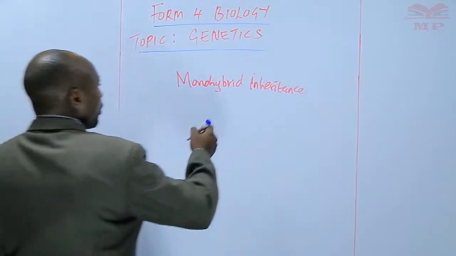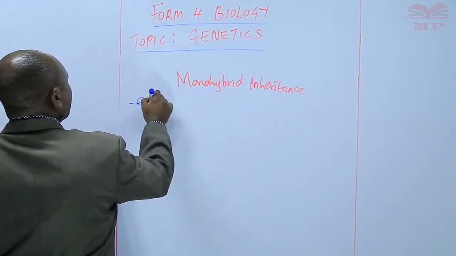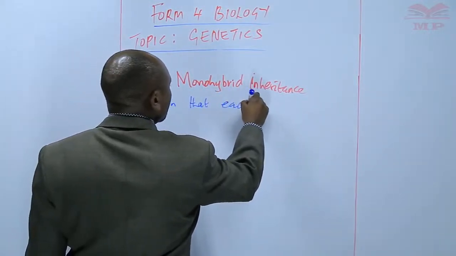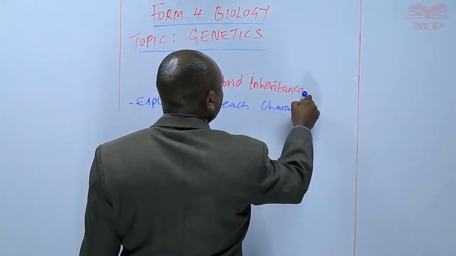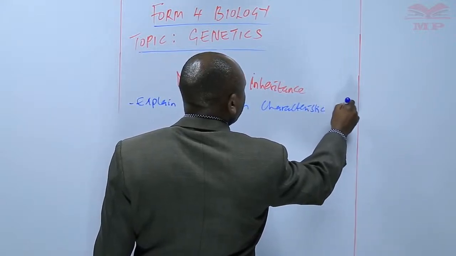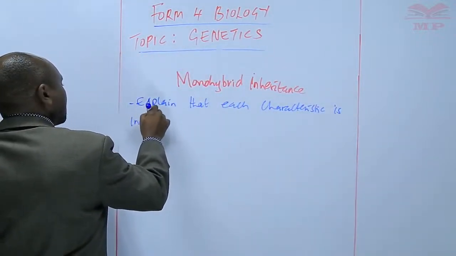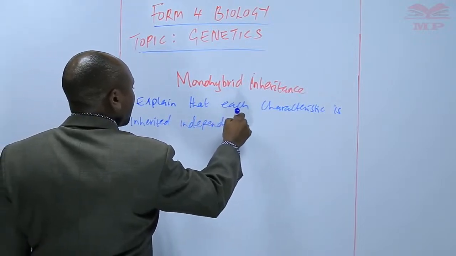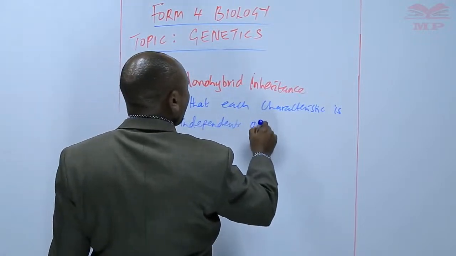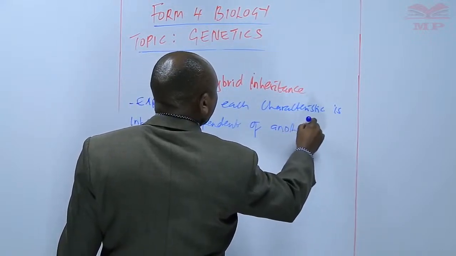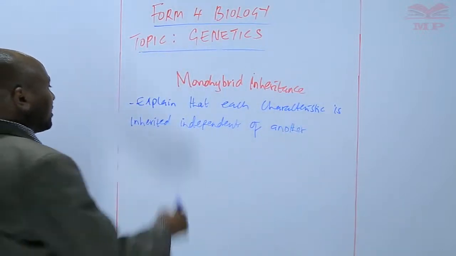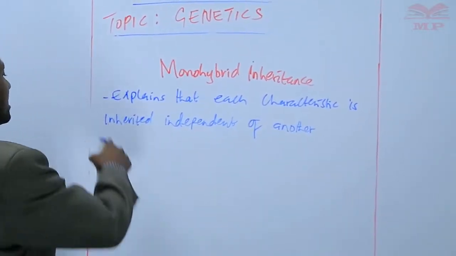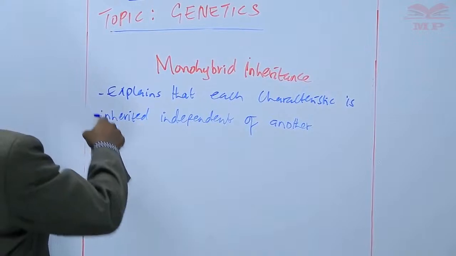So the monohybrid inheritance explains that each characteristic is inherited independent of another.